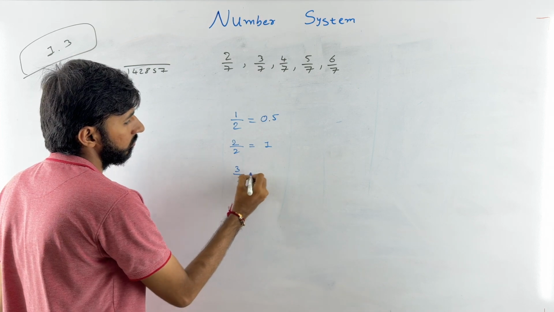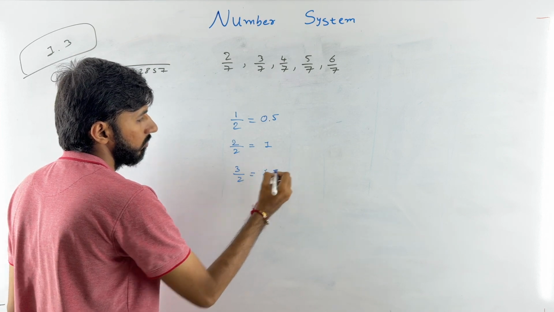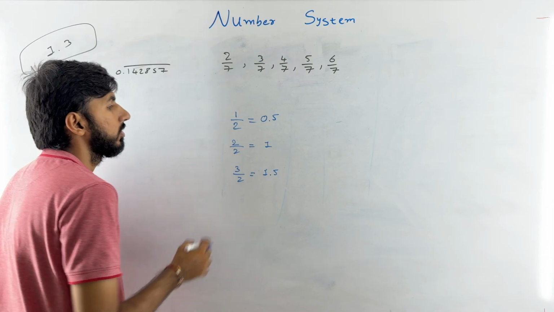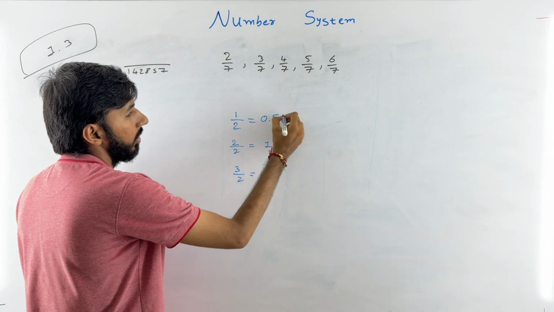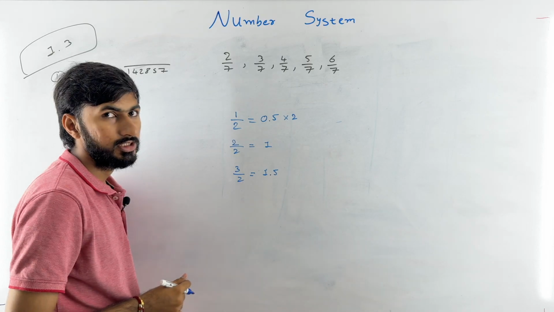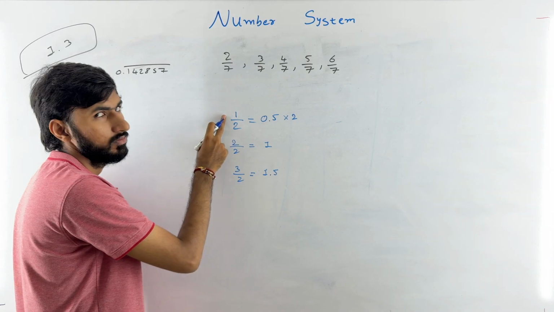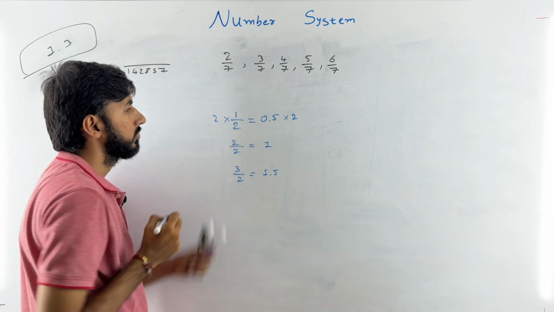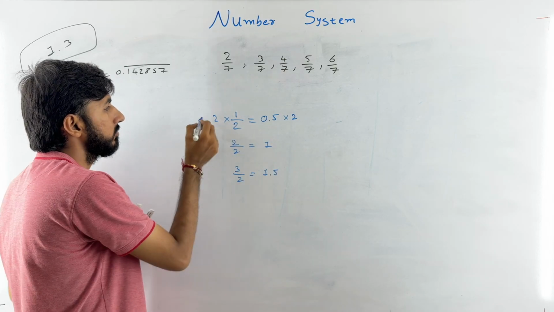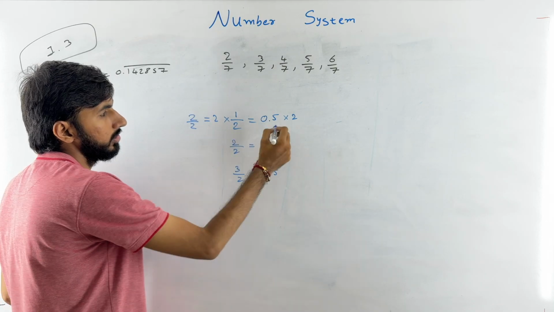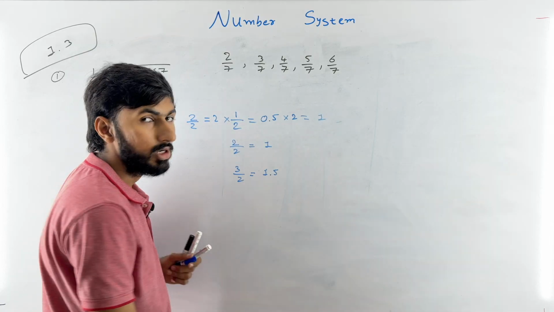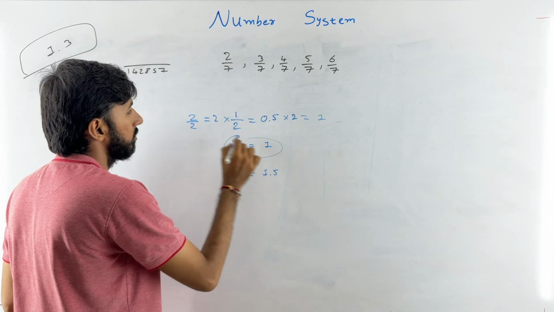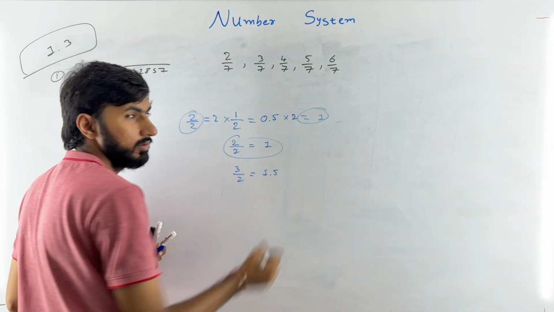If I divide 3 by 2, the answer will become 1.5. So if I don't want to divide, I directly multiply this number by 2. If I multiply both sides by 2, this side will become 2 by 2 and this side will become 2 multiplied by 0.5, the answer will be 1. So here it is 2 by 2 equals 1.